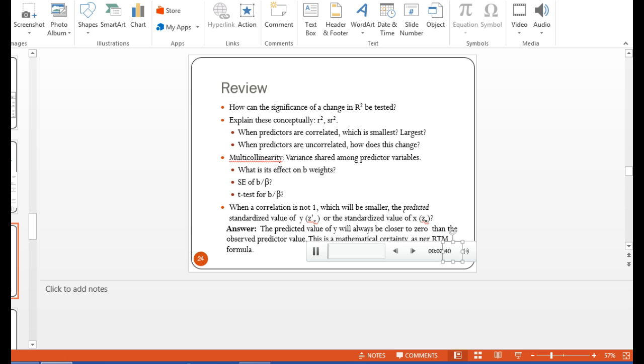Let's take an interlude from covering new content and go back and review what we've learned so far. So first, how can the significance of a change in R squared be tested? The way that we would do this is a sequential or hierarchical regression in which we would want to test the R squared change that is due to the addition of one or more predictors that we care about in the model, over and above any effects of the covariates.